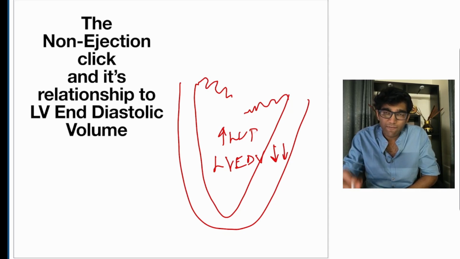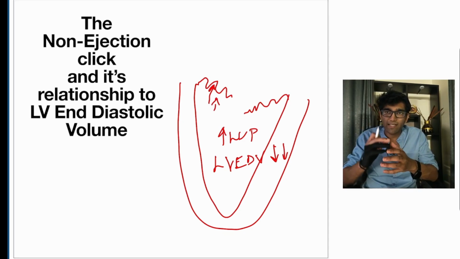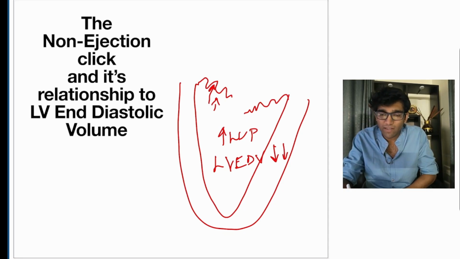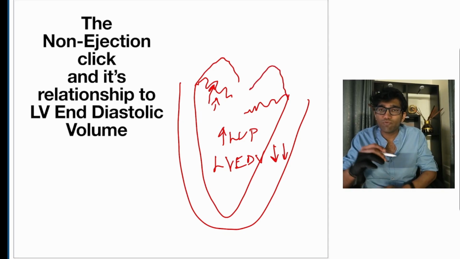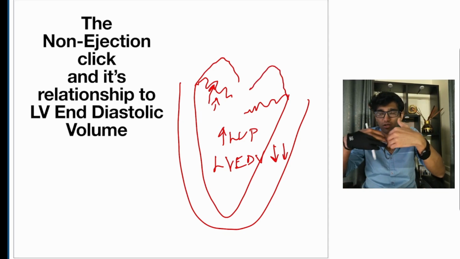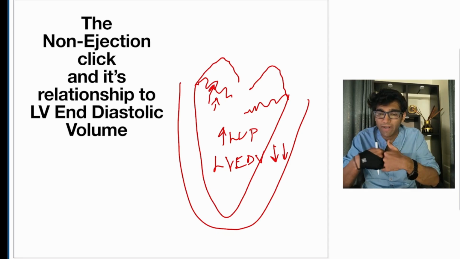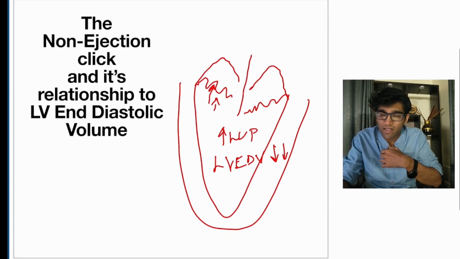Those parts of the leaflet that are crumpled up get a greater force, and those that are not get a lesser force. Okay, so what can end up happening is that the leaflet in certain areas gets tented up. So the leaflet during systole gets tented up like this. Okay, and this might also get tented up. So once the leaflet is tented up, the leaflets are no longer abutting each other, so there is a regurgitant jet.